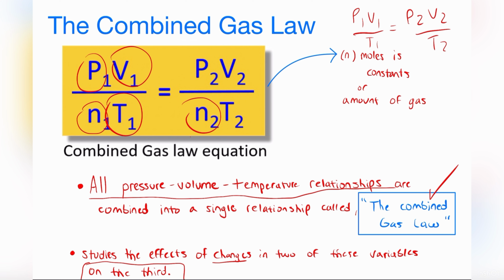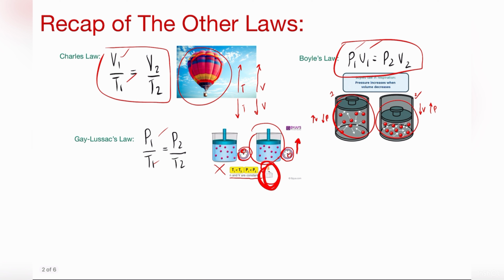On the right side, you'll have the P2, V2, T2, all the 2s, or the second condition. You can see it here too, where it's pretty much the same across all the laws: all the 1s are to the left and the 2s are to the right. Same deal here, same deal here, same deal there.